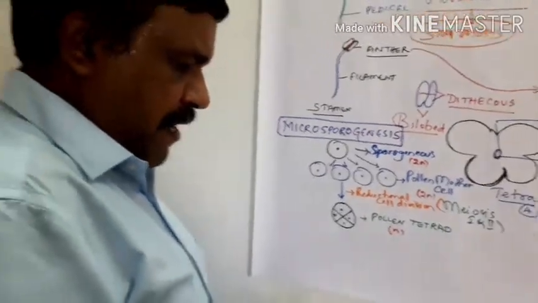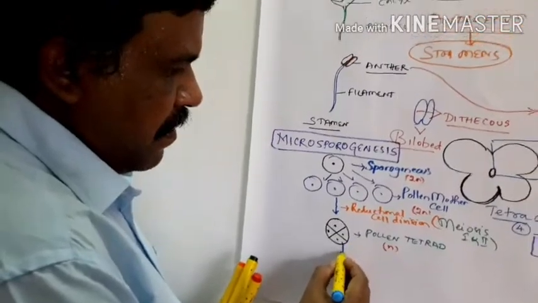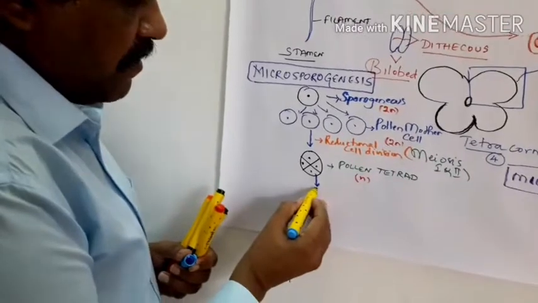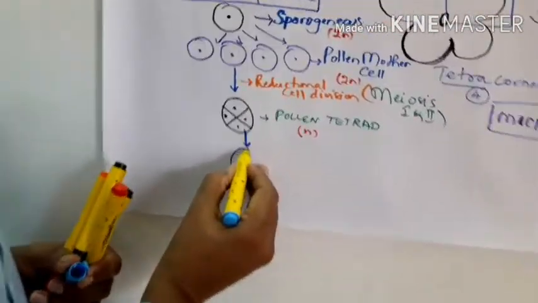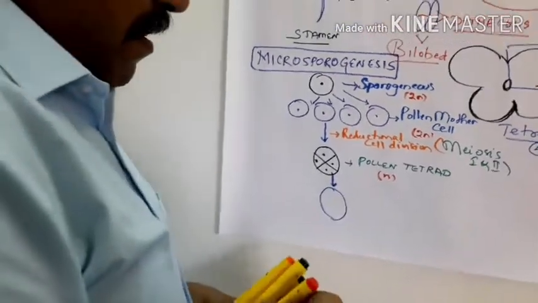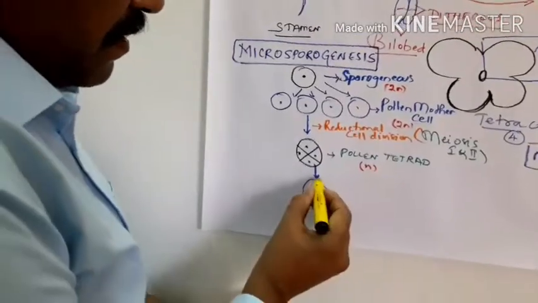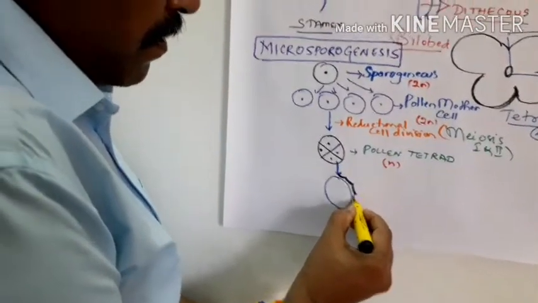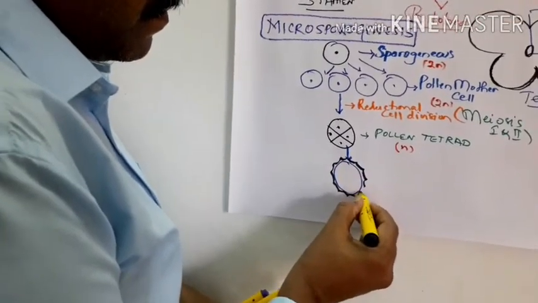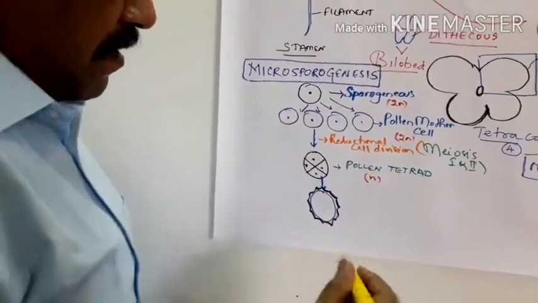Now from this pollen tetrad, I am taking one of the cells. If I draw it like this, it will appear very beautifully, children, with a lot of ornamentation. The outermost part is also well decorated, with honey-comb-like structures, and it has a nucleus here.